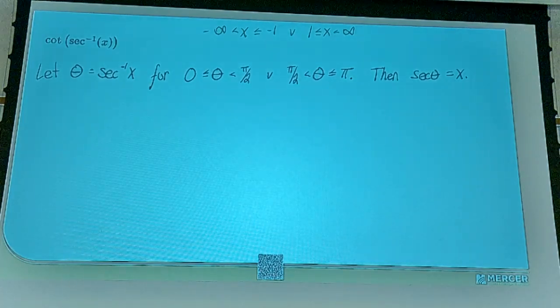And secant of theta is x. Notice over that region, cotangent could be negative or positive.